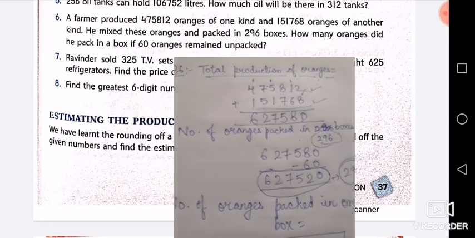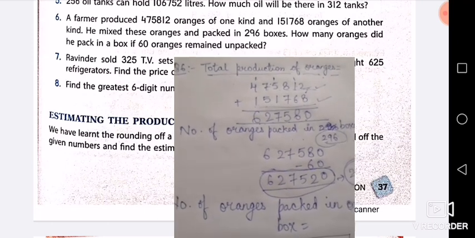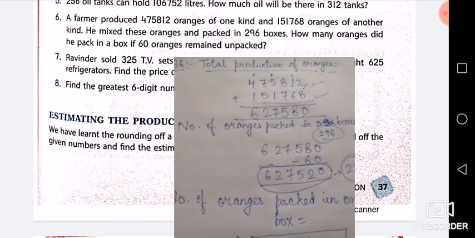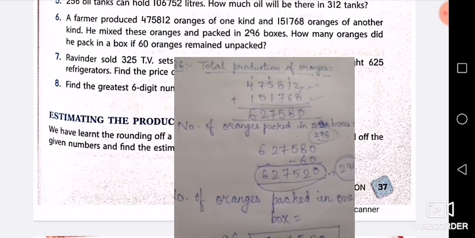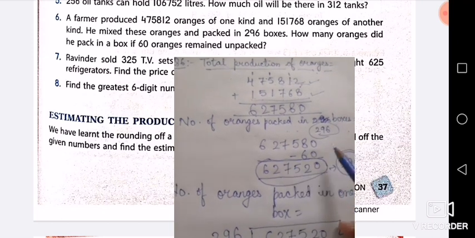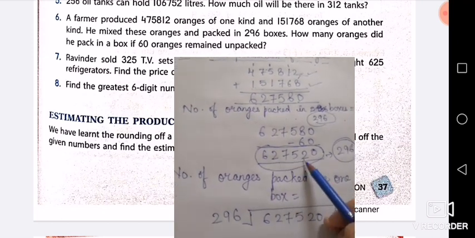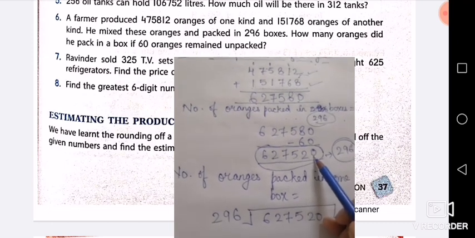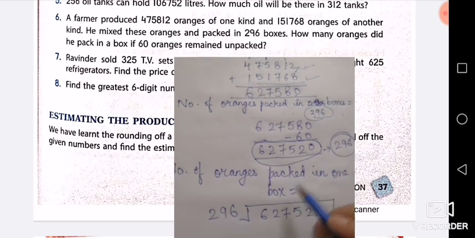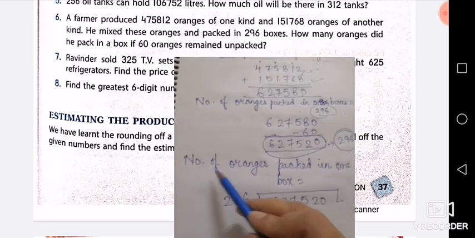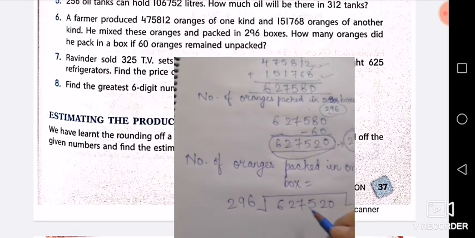Now it is given that 60 oranges remain unpacked, means 60 oranges were not packed in 296 boxes. So that 60 will be subtracted from the total number of oranges. So we'll get 6,27,520 oranges which were packed in 296 boxes. So now you have to find the number of oranges packed in one box. So it means you are going to do division now.